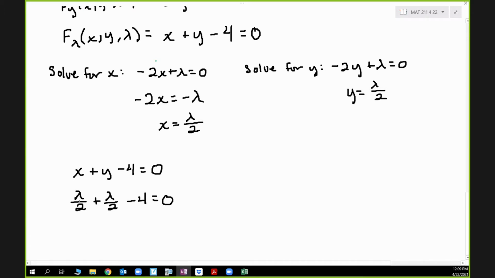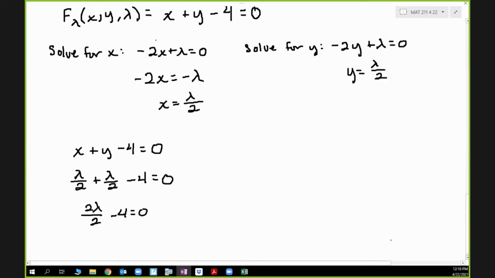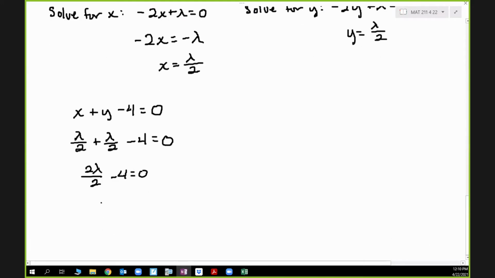Solving this, lambda over 2 plus lambda over 2 is 2 lambda over 2, which is really just lambda. And adding 4 over to the other side, we get lambda equals 4.